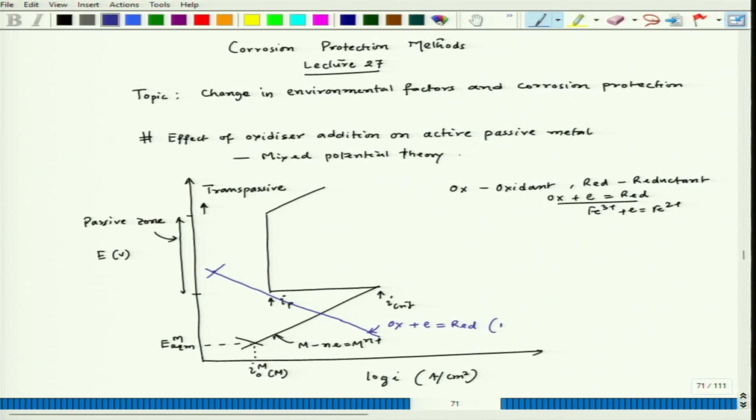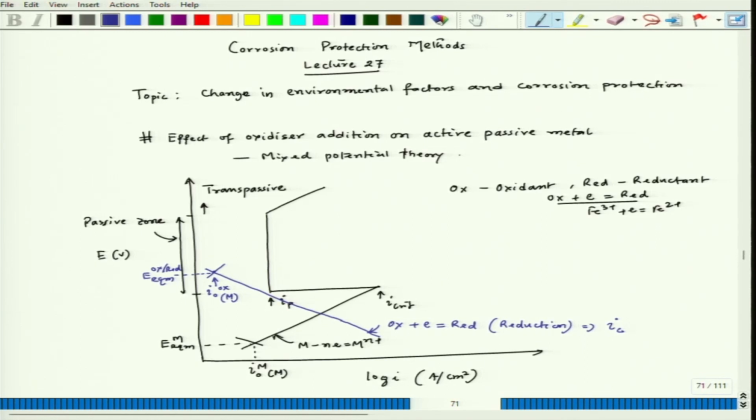So, this is the reduction process corresponding to IC or cathodic current density, and this particular point is E equilibrium for the OX red. This is I0 for OX on the metal surface, that means on the metal surface that reduction process is going on.